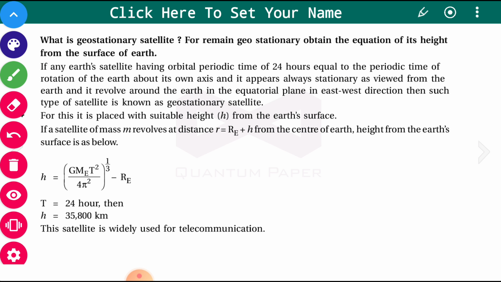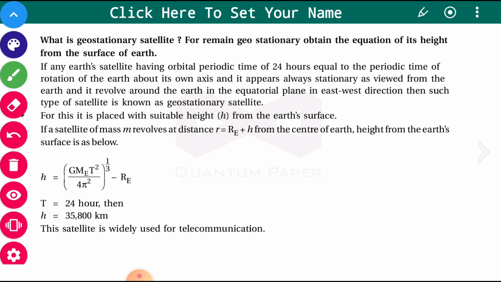Now, what is a geostationary satellite? If any Earth satellite has an orbital period of 24 hours, equal to the period of rotation of the Earth about its own axis, then it always appears stationary as viewed from the Earth, and it revolves around the Earth in the equatorial plane in the east-west direction.